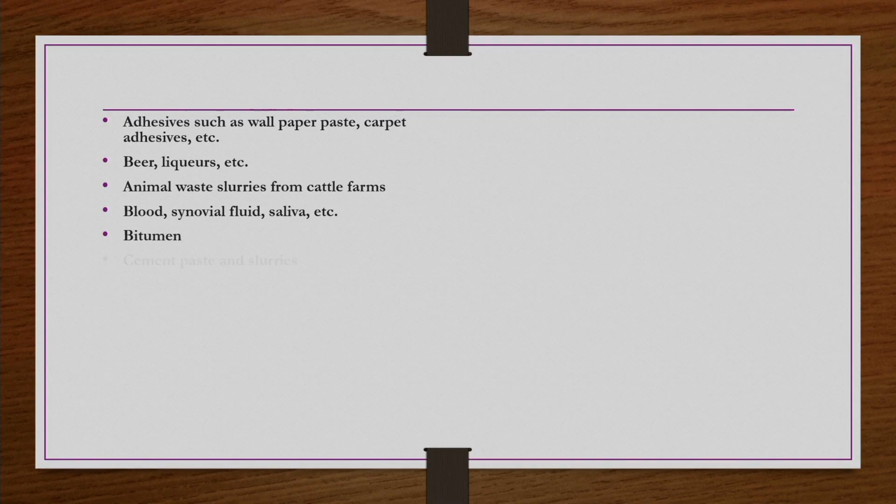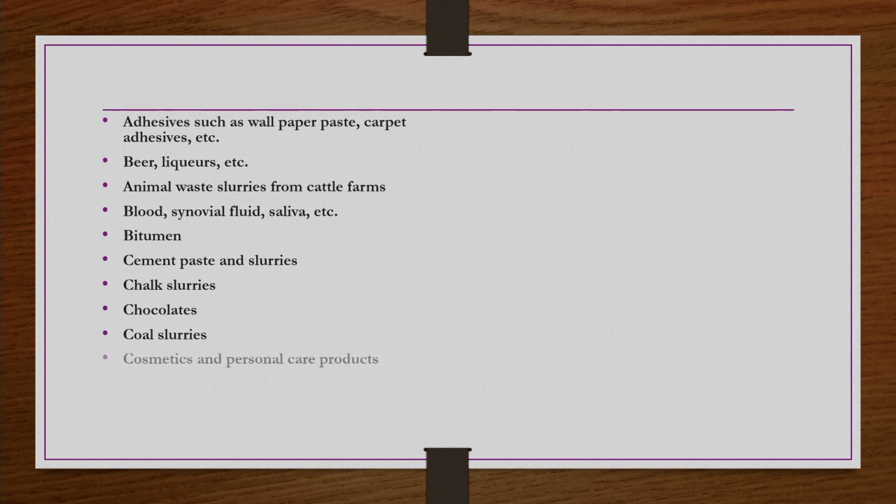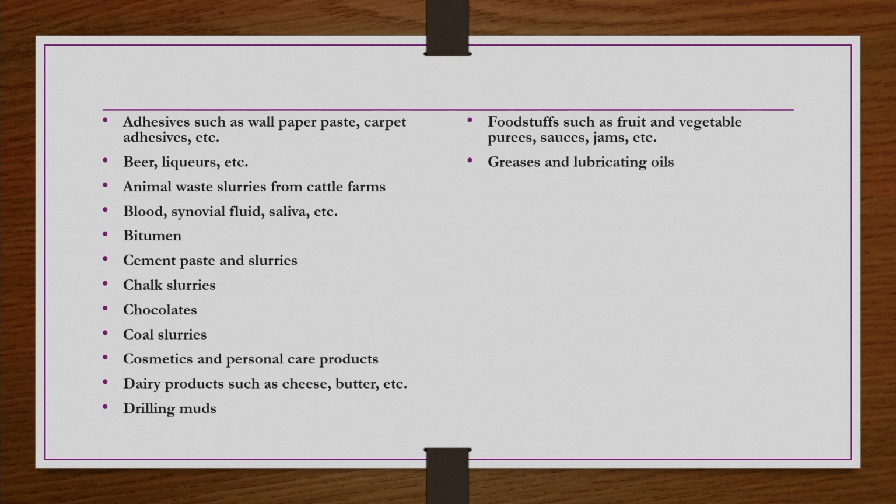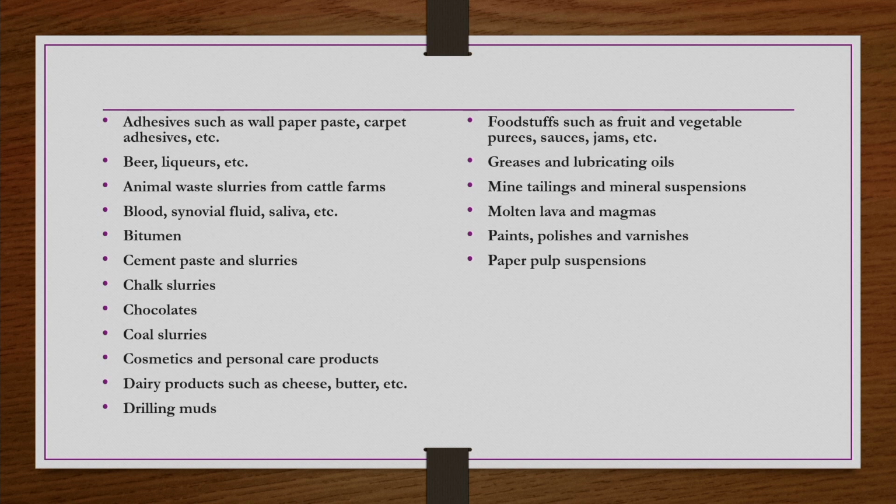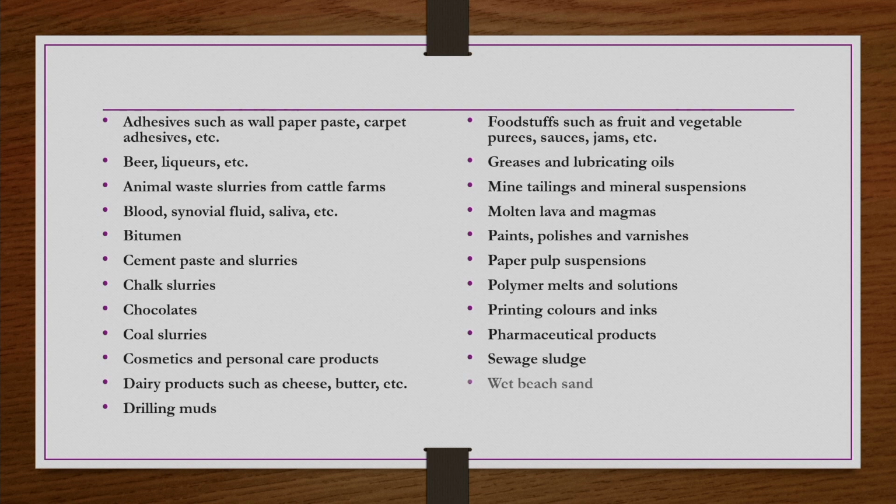We just enlist a few examples here: adhesives, liquors, animal waste slurries, blood, synovial fluid, bitumen, cement paste, chalk slurries, chocolates, coal slurries, cosmetics, personal care products, dairy products, drilling muds, foodstuffs, grease, mine tailings and mineral suspensions, molten lava, paints, polishes, polymer melts, printing colors, pharmaceutical products, sewage sludge, wet beach sand, waxy crude oil.